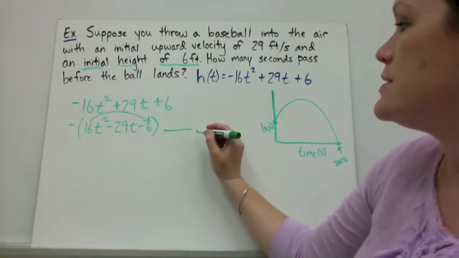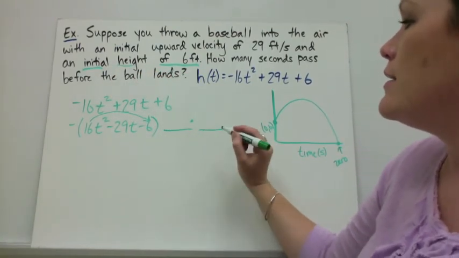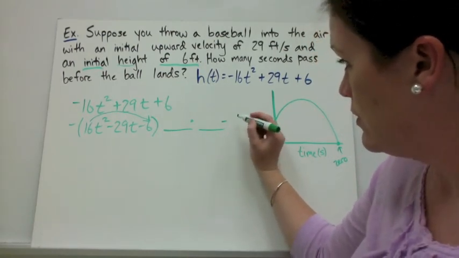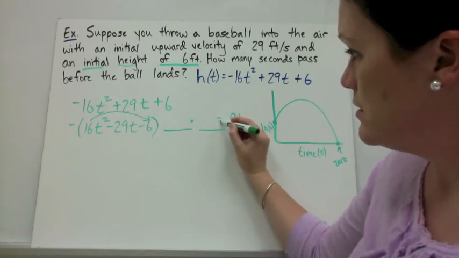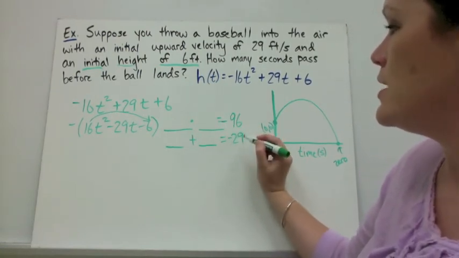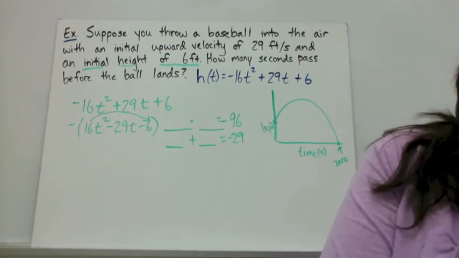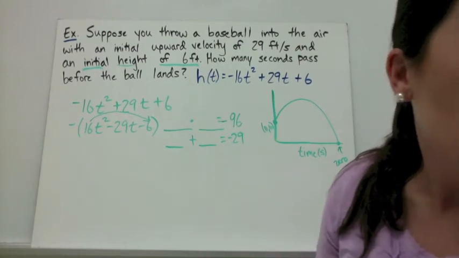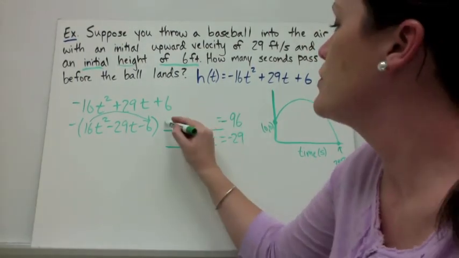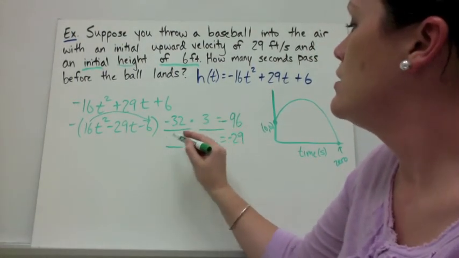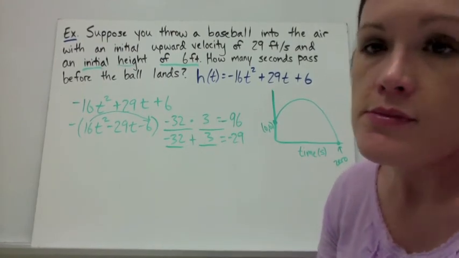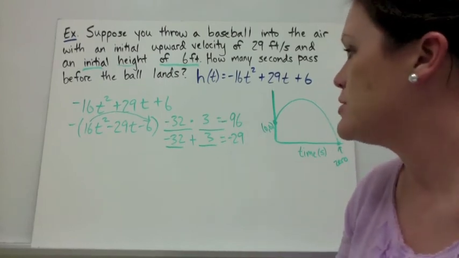So we have 16 times negative 6, which gives us negative 96. We want numbers that add up to negative 29. So I'm going to cheat and look at my answer over here that I already worked out: negative 32 times 3. That way y'all don't have to wait for me to calculate. So we have negative 32 times 3.